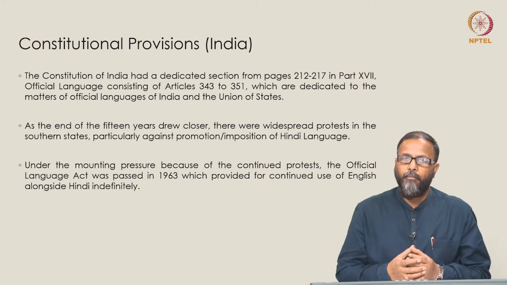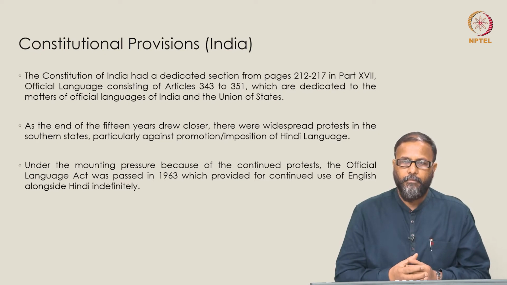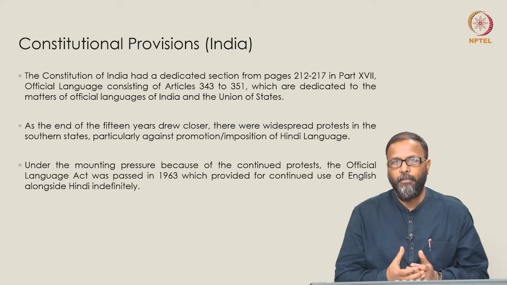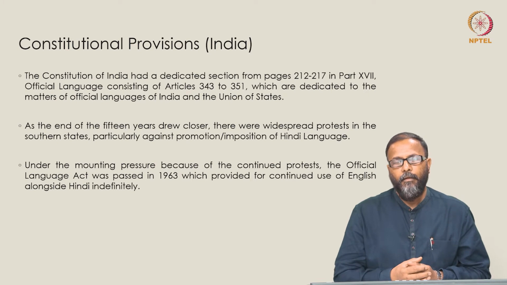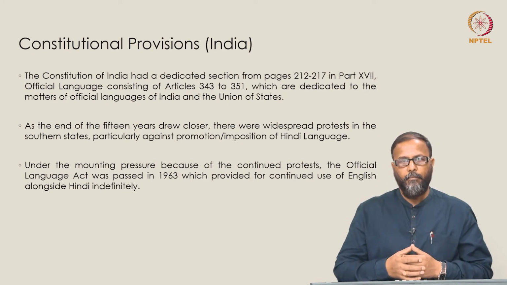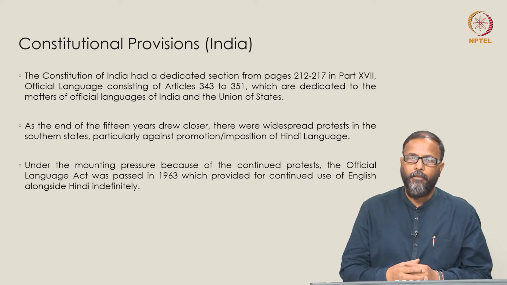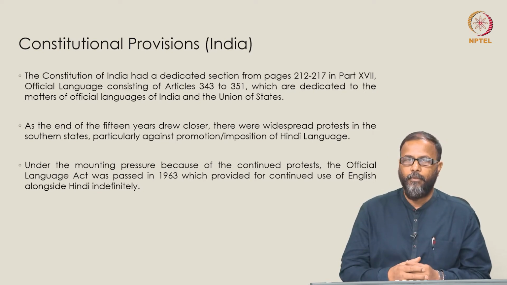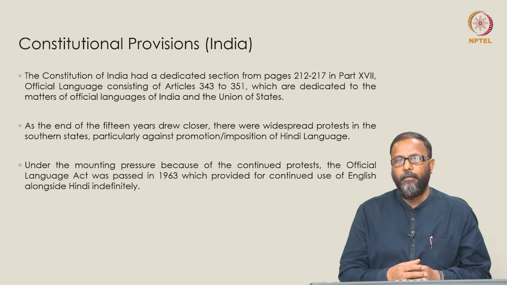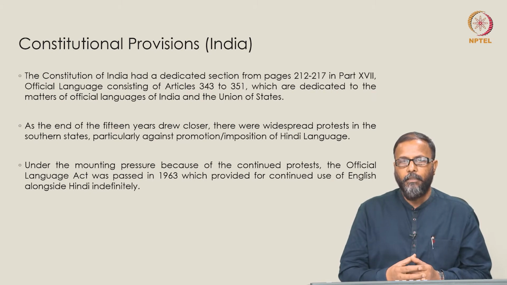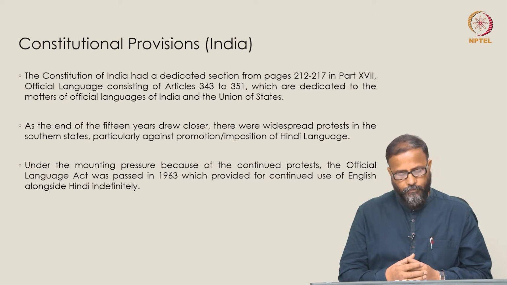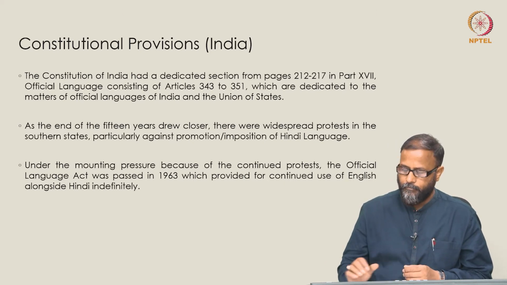So, under the mounting pressure of protests across non-Hindi speaking states, the Government of India had to convene a joint session of Parliament in 1963, 2 years before this window period was supposed to end, and pass the act called the Official Language Act.